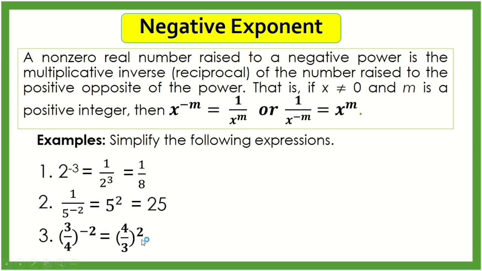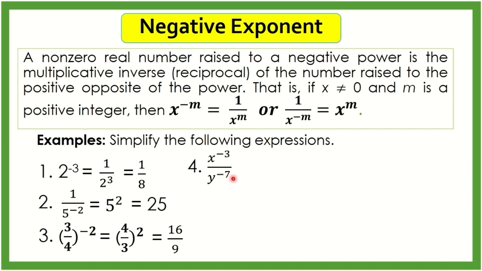And then, apply natin yung power rule, power of a power. So, 4 squared is 16, 4 times 4. And then, 3 squared, that is 9. 16 over 9. Number 4, we have x raised to negative 3 over y raised to negative 7.